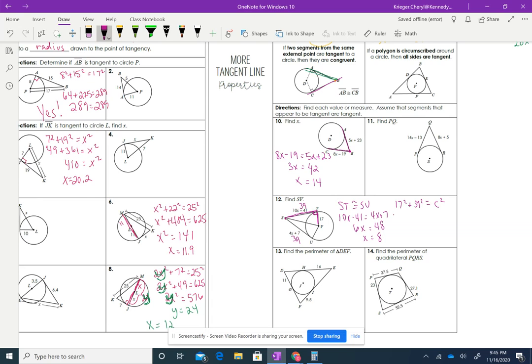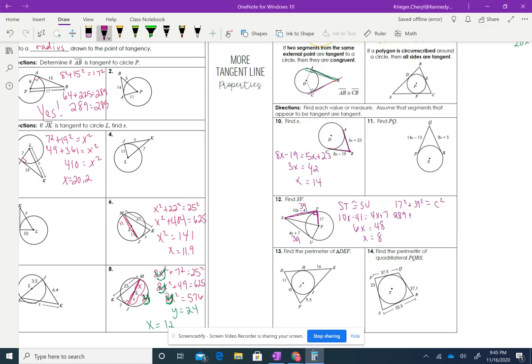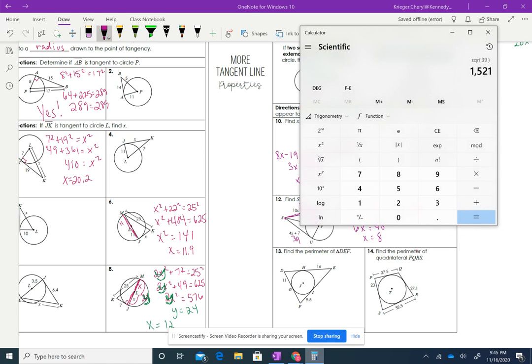So 17 times 17 is 289. 39 squared is 1,521. I'll add 289 and 1,521, which is 1,810.